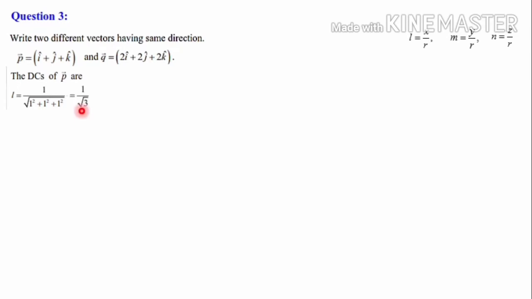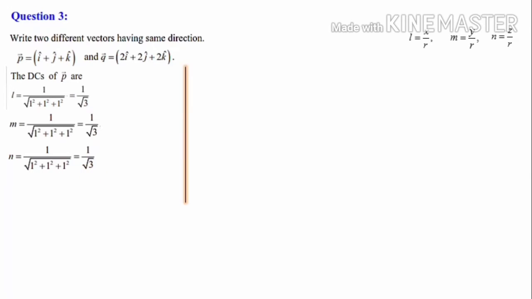That is equal to 1 divided by root 3. Then m is equal to y divided by the same, only here y value is 1, so we will get 1 by root 3. And n is equal to z divided by the same, z value is 1 here, and that also we will get as 1 by root 3.